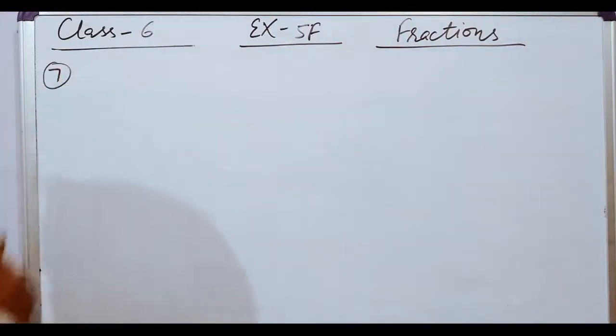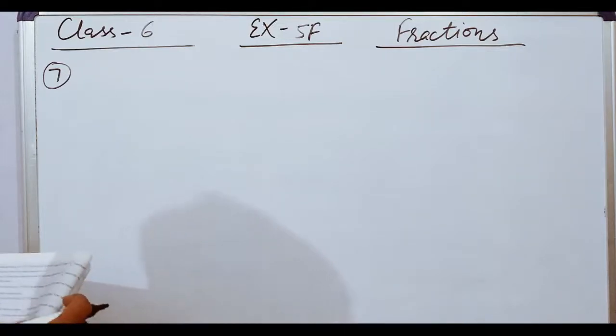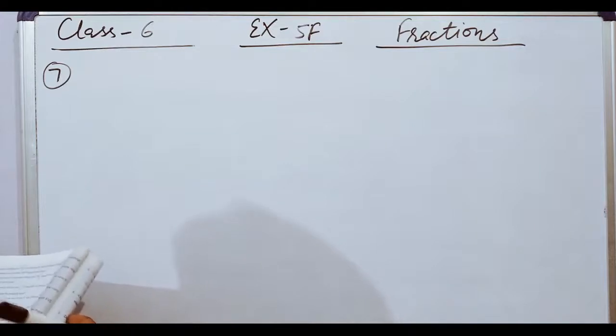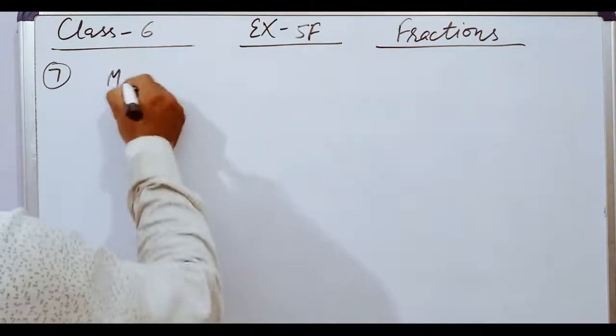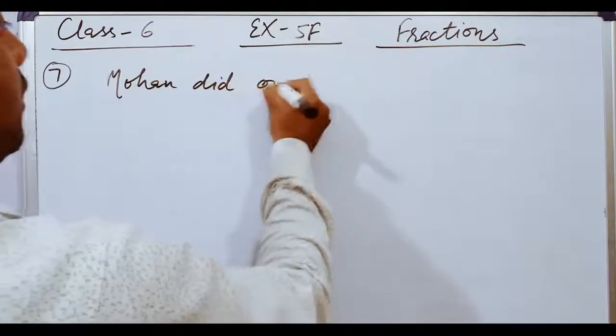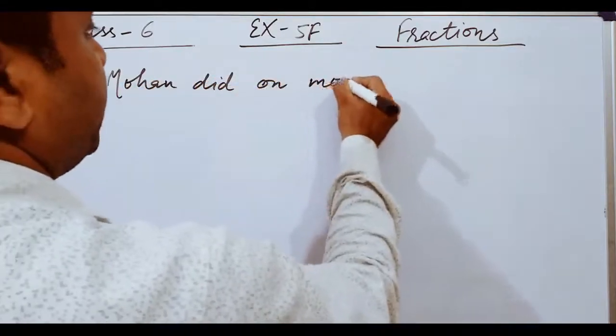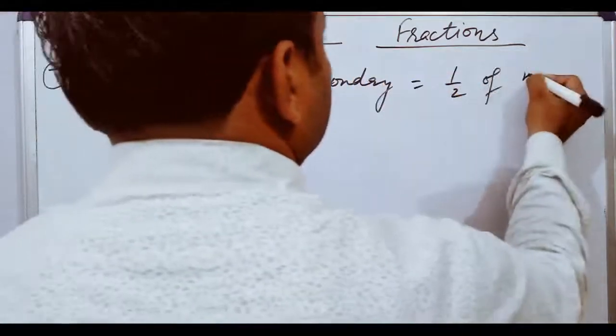Question number 7. Mohan did 1/2 of the work on Monday and 1/3 of the work on Tuesday. How much work will he have to do on Wednesday to complete the remaining work? Mohan did on Monday equal to 1/2 of work.